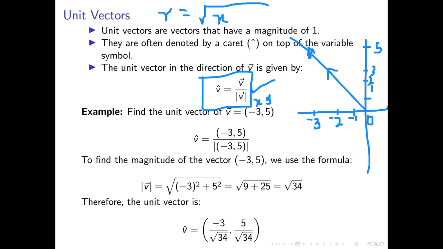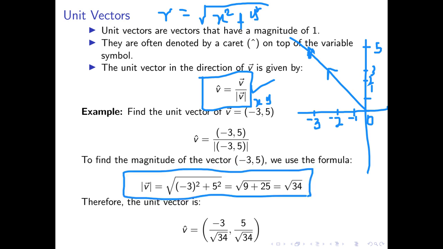This is usually your formula for magnitude. What is x? X is simply -3. Substitute -3 into x. What is y? Y is 5. Substitute 5 into that equation. Then we have our magnitude computed as follows. All right. So our magnitude becomes square root of 34.